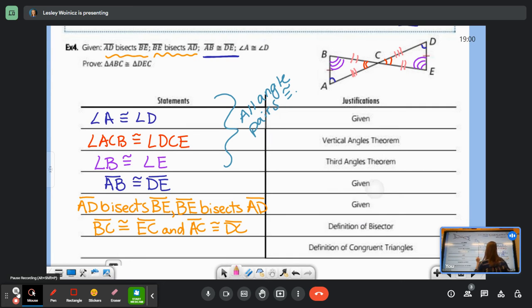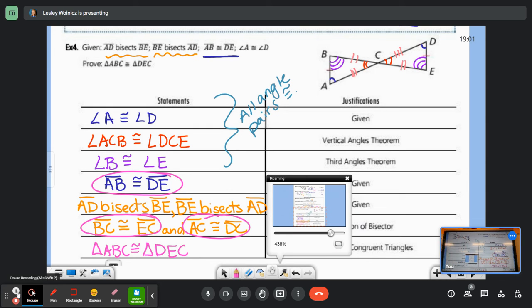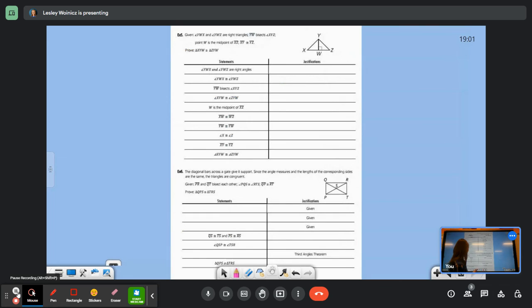Now you can see that I have 1 pair of sides, 2 pairs of sides, 3 pairs of sides, all congruent. So I've got all of my angle pairs congruent, all of my side pairs congruent. I can now say that triangle ABC is congruent to triangle DEC by the definition of congruent triangles. All right, cool. Let's do another one. That one was so much fun.